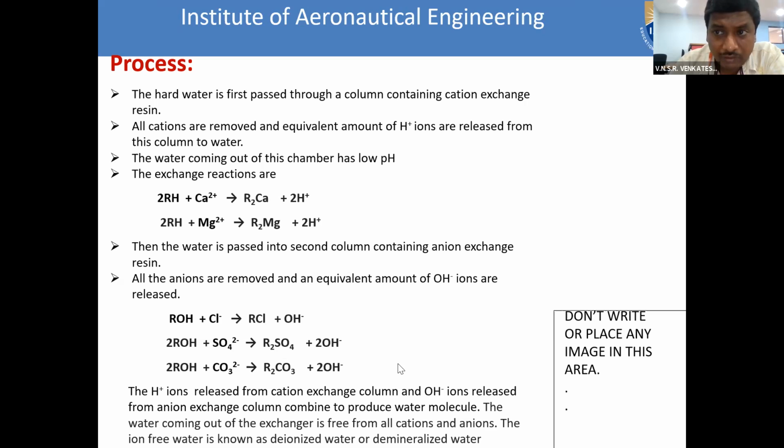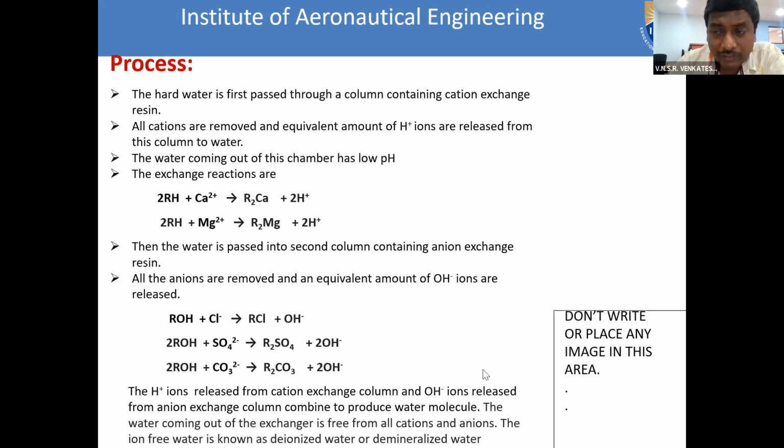So the resultant water has a pH of exactly 7. Why? Because it is neutralized water, because of the combination of H plus and OH minus. So the water coming out from the exchanger is free from all the cations and anions.